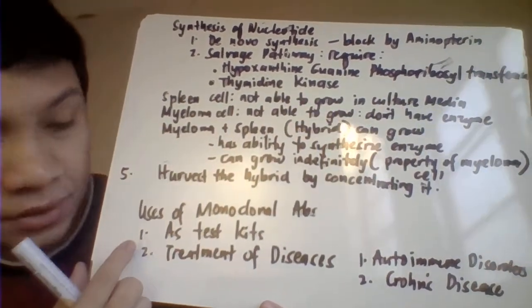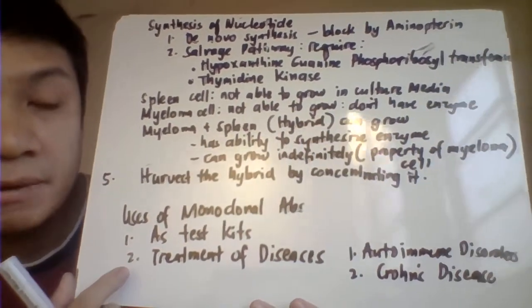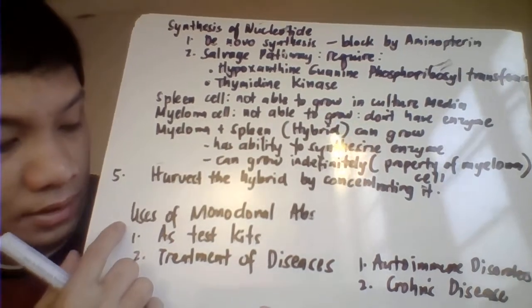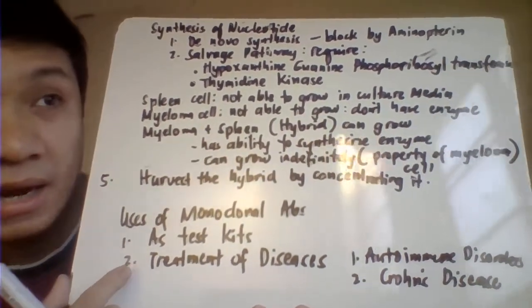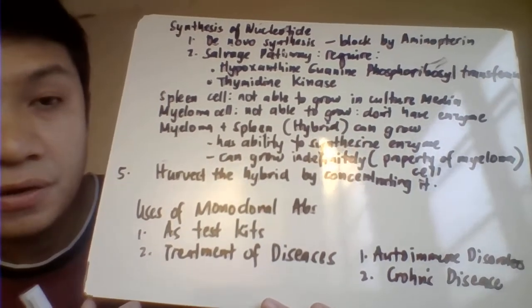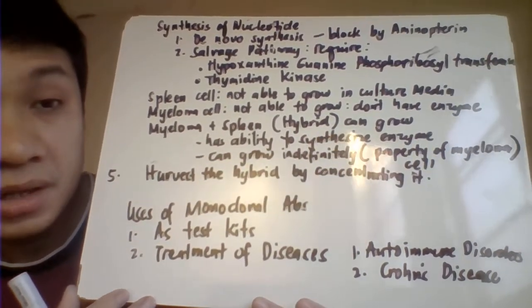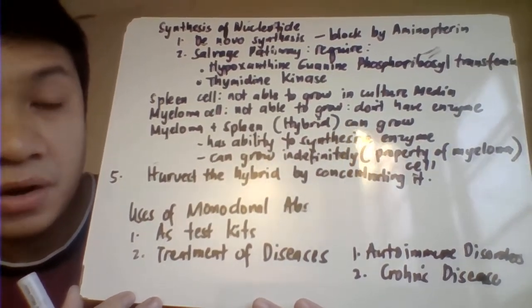So, for the application of the monoclonal antibody, we can use this as our reagent for your test kit. Like for example, for the detection of your pregnancy test, for the detection of your beta-human chorionic gonadotropin.